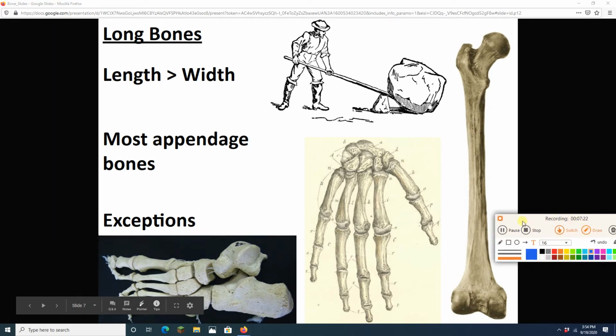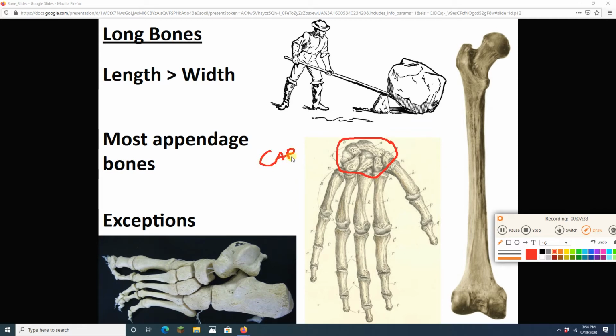So we know we have bones in our wrist. The bones in our wrist, which I see right here, there are 8 of them in each wrist. They are not long bones. They're actually short bones, and the group of them is called the carpals.